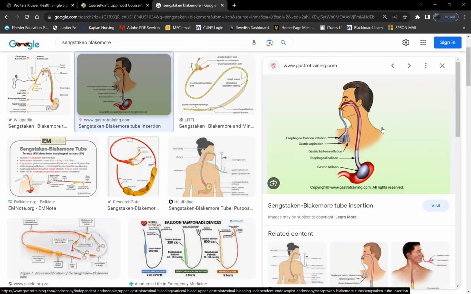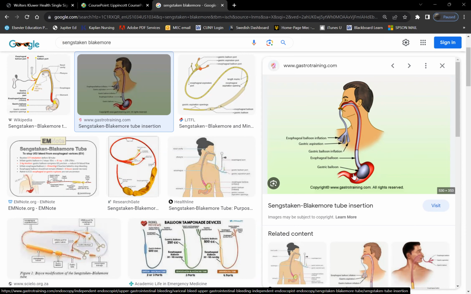So we're gonna put that through your nose. And it has two balloons. You can also put it through your mouth. There are two balloons here, one in the stomach and one in the esophagus. So these will be inflated to press on the bleeding blood vessels. This will be on for 24 hours.